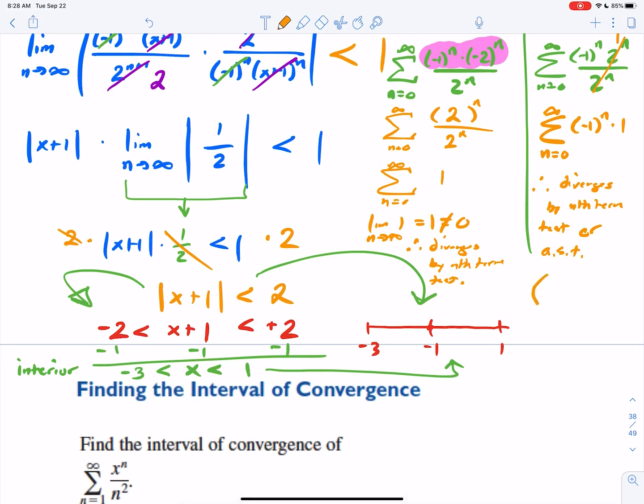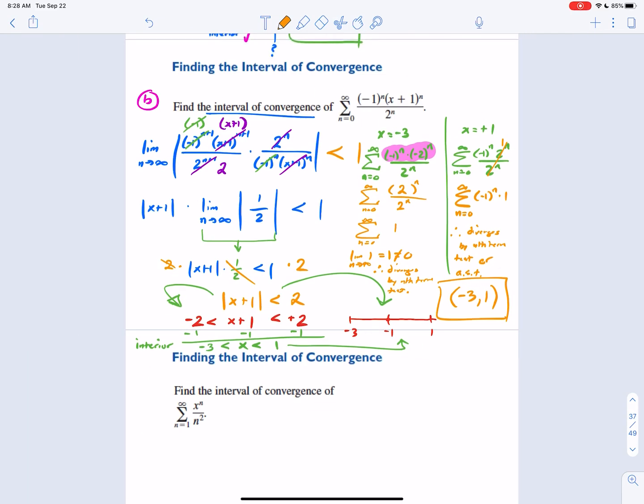So we're just going to say open, -3 to 1 open. Again, you would get a point for setting it up, for establishing your limit, for creating an interior, and for checking each endpoint with justification. Not that bad once you get the hang of it, all right?